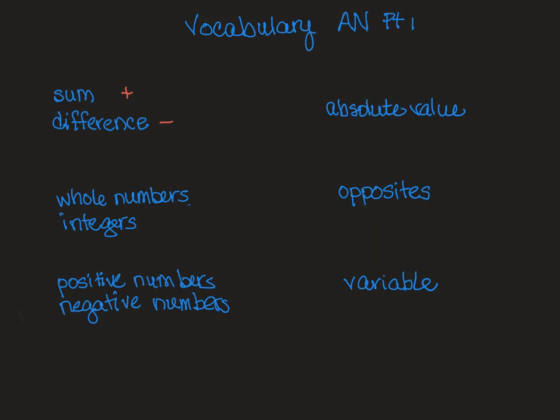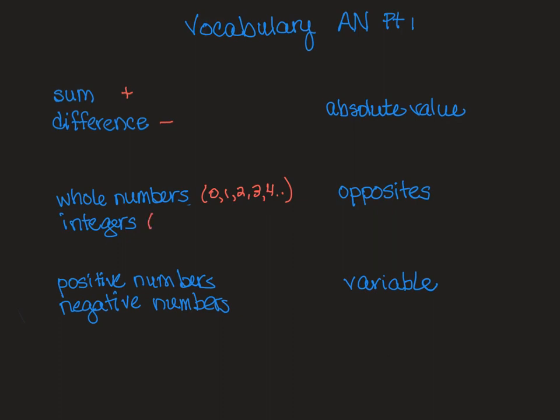Okay, looking at whole numbers and integers. You have been using whole numbers right from the beginning: 0, 1, 2, 3, 4, 5. Those whole numbers have no fractions and no decimals. The difference between whole numbers and integers is that whole numbers are all positive.